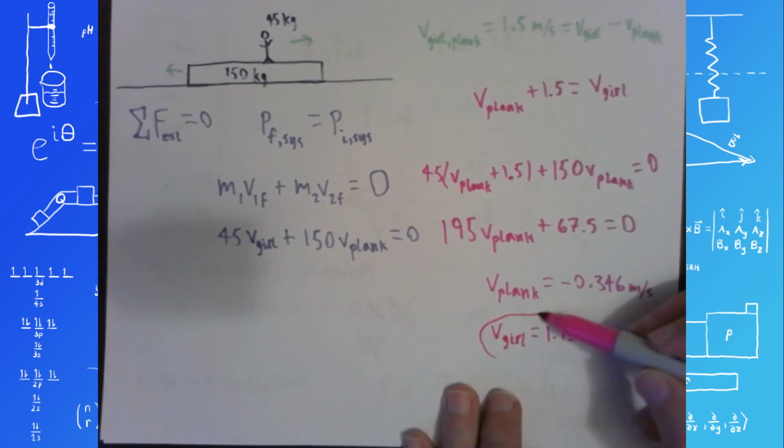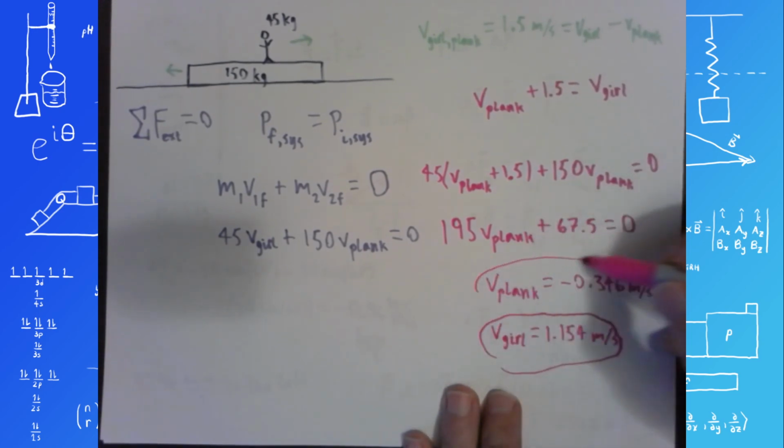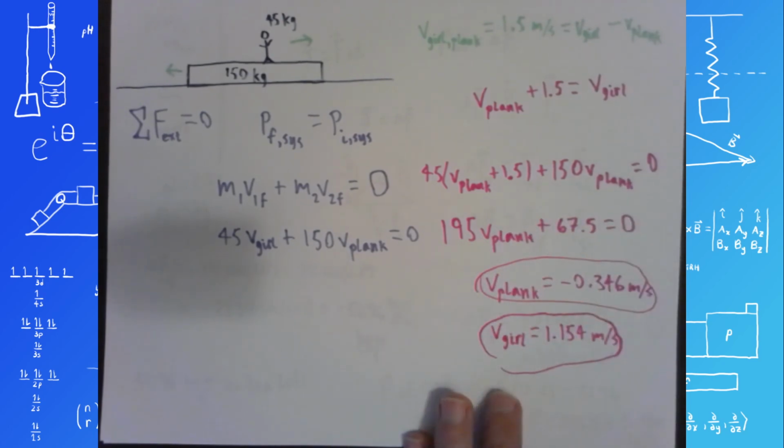That takes care of part A. And then for part B, V plank is 0.346 meters per second to the left is how I would word it. I would drop the negative and rewrite that as 0.346 meters per second to the left, as shown in the solution steps to part A.